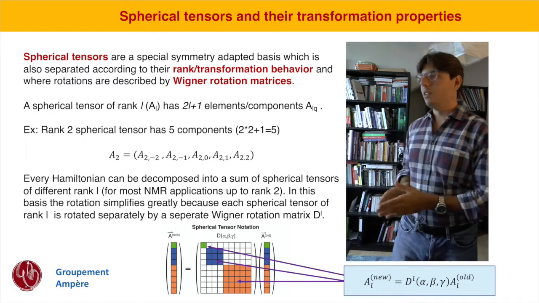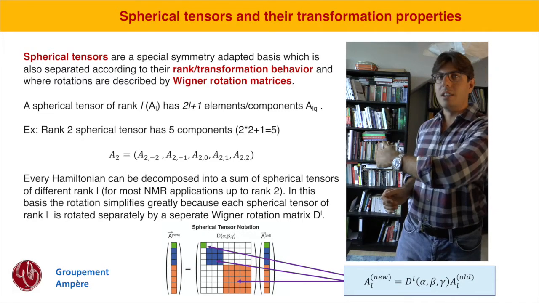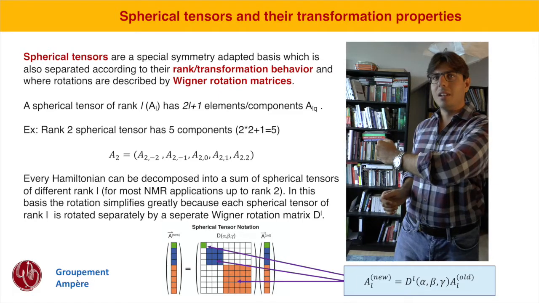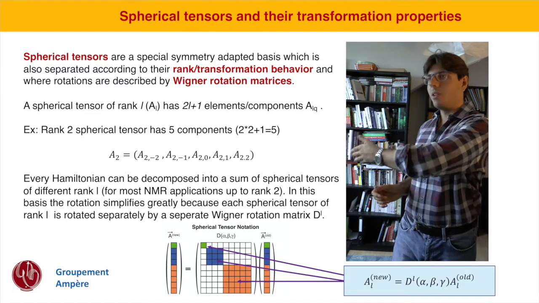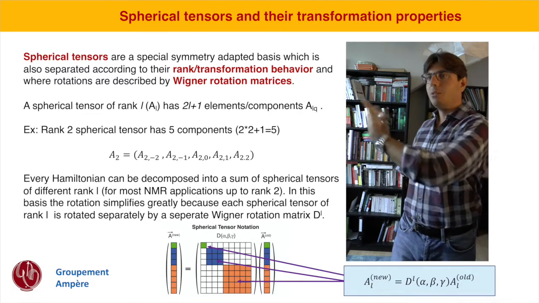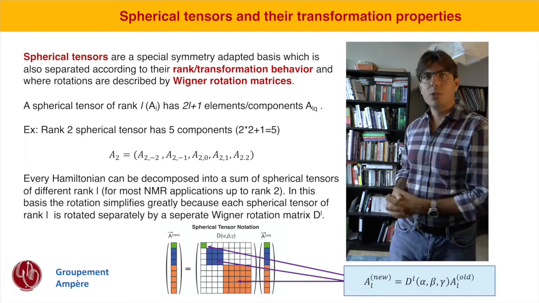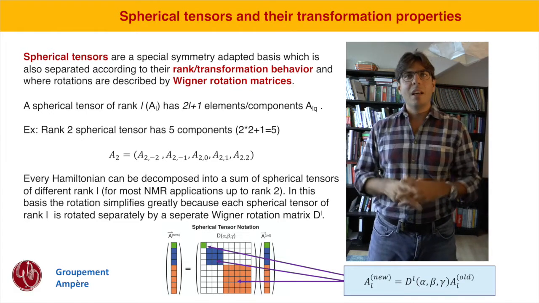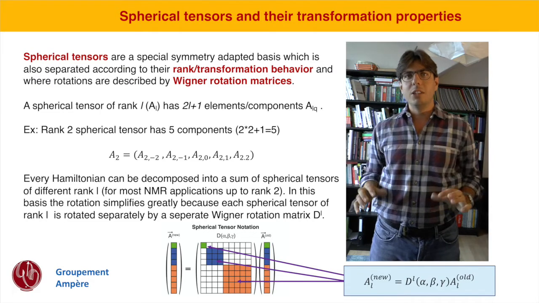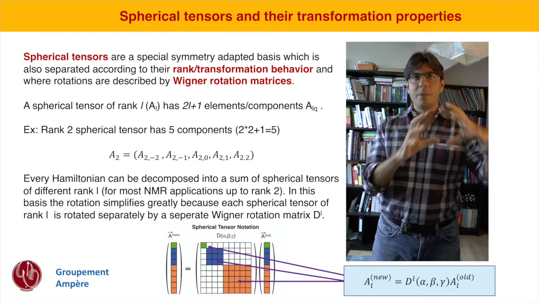This means that you will rotate the rank 0 components by a 1 times 1 block, you will rotate the rank 1 components by a 3 times 3 block, and you will rotate the rank 2 components by a 5 times 5 block, but you're carrying these out all individually, so the whole rotation matrix becomes block diagonal.